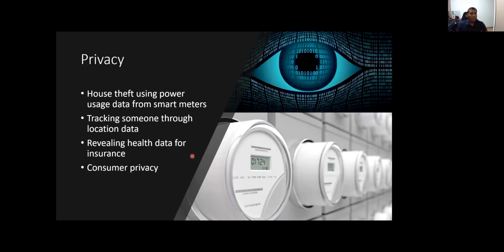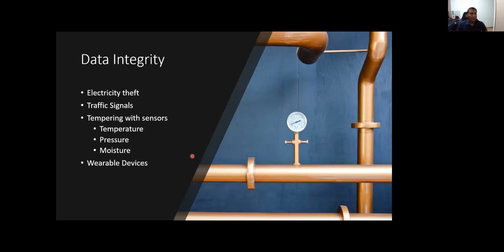So when we talk about data integrity, someone might want to tamper with the smart meters to carry out electricity theft. In a traffic signal, someone might want to disrupt the traffic by changing the data that is being sent by the traffic signals.